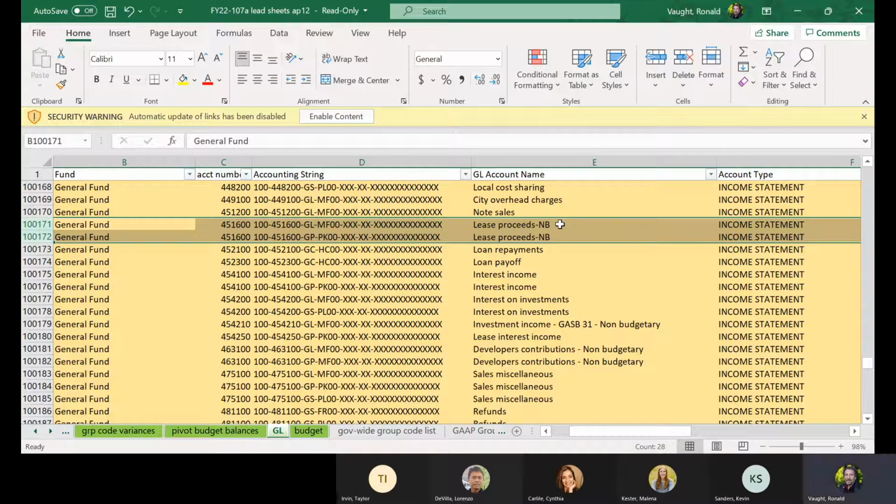Now we don't want to implement GASB 87 in the budgetary basis, so it would make sense for these accounts not to be in the budgetary basis.